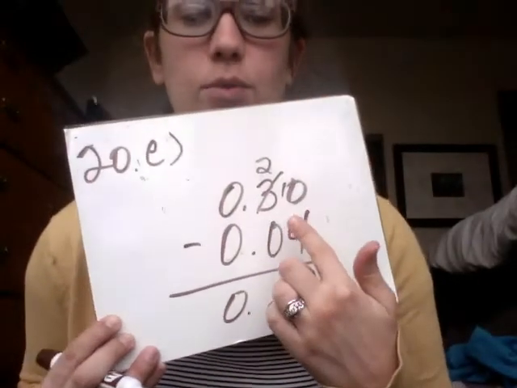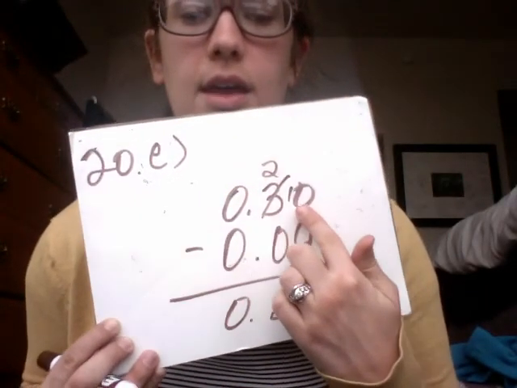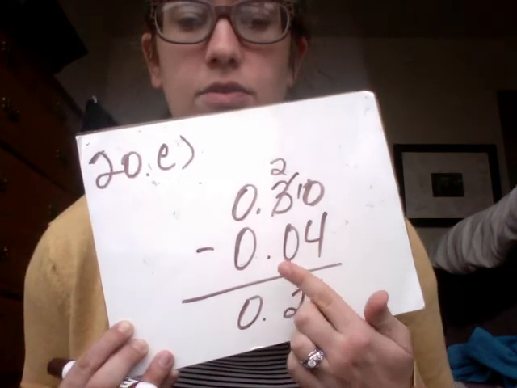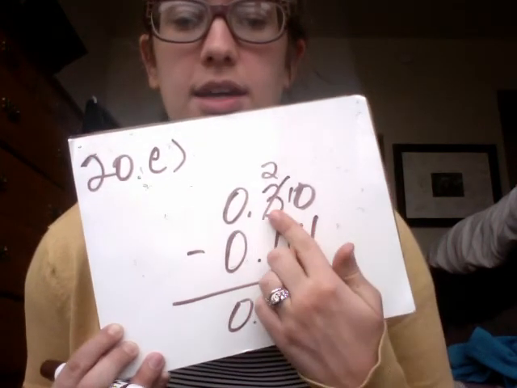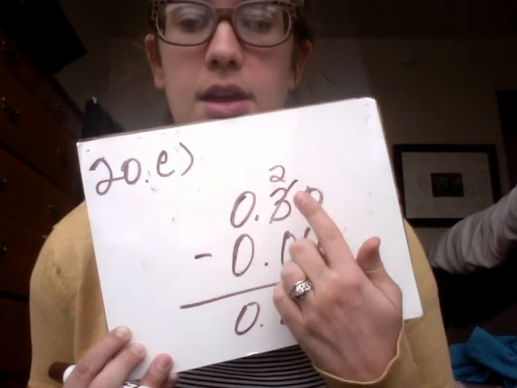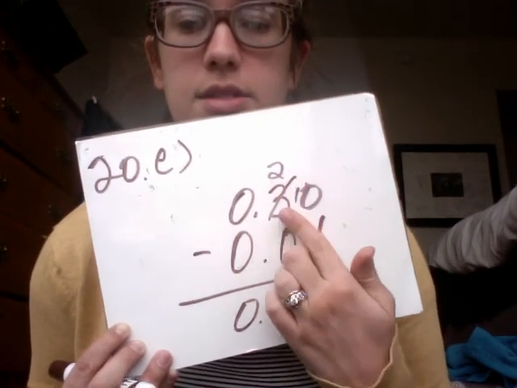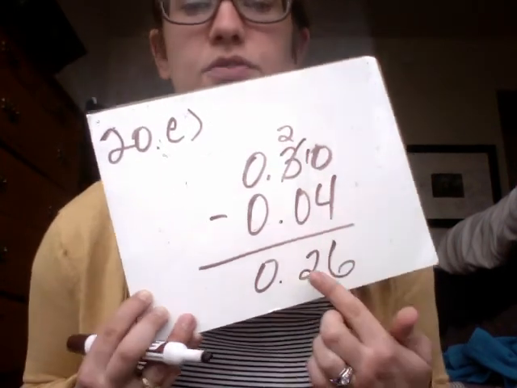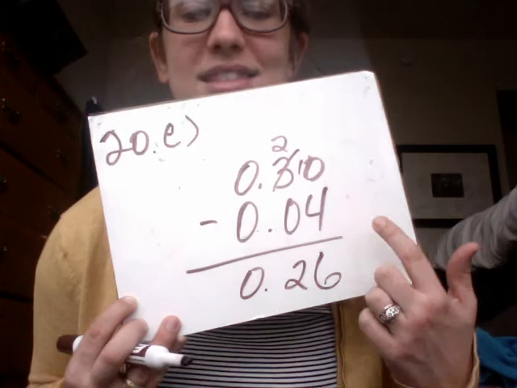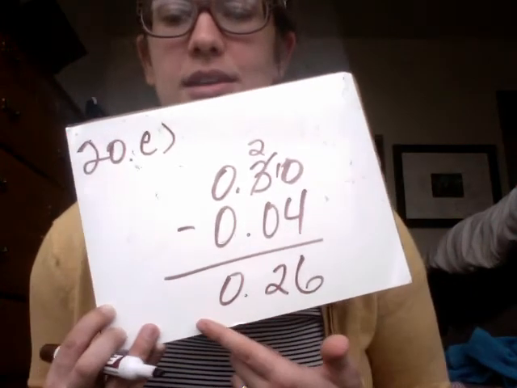I went ahead and wrote my 0 immediately. I did not have enough to subtract 4, so I traded in one of my tenths to make 10 hundredths, left me with 2 tenths. 10 hundredths minus 4 was 6. 2 tenths minus 0 is 2, and then nothing in my ones place.